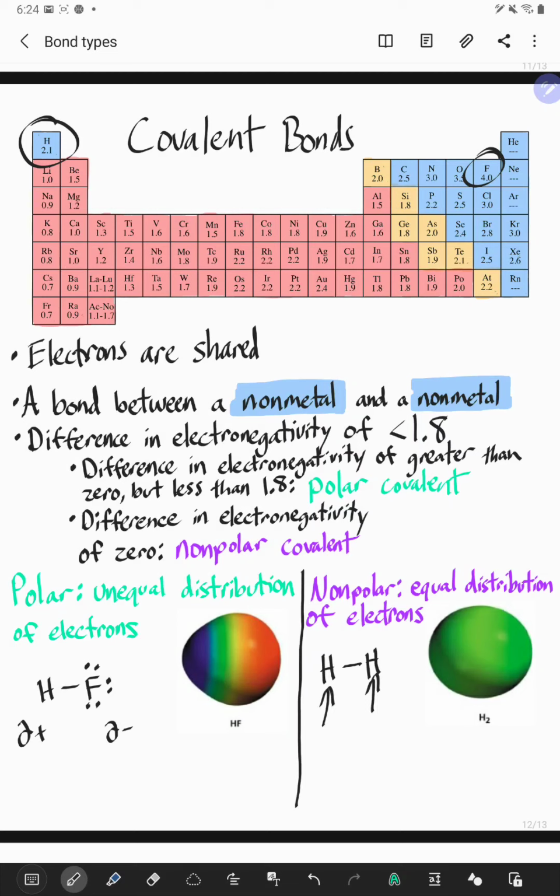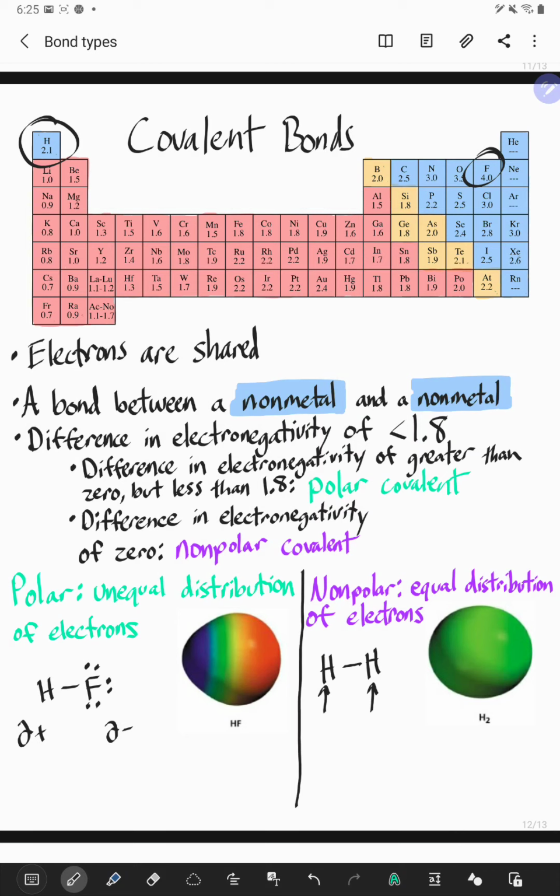Then this hydrogen is also pulling with a particular amount of force, determined by its electronegativity value. But since these both are the same element, they are going to have the same electronegativity values and therefore pull with the same amount of force. So whatever this hydrogen is pulling with, this hydrogen is pulling with equal and opposite force.